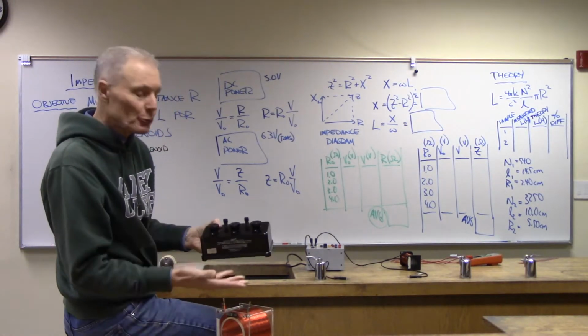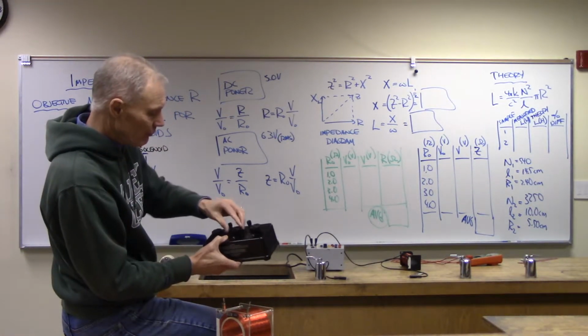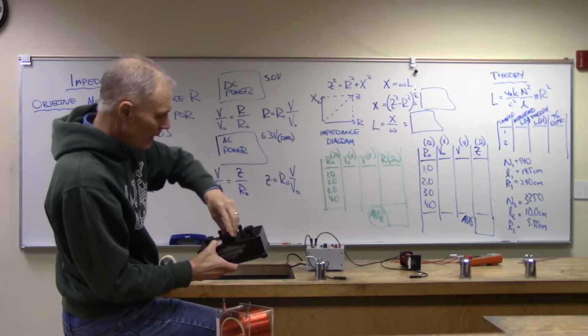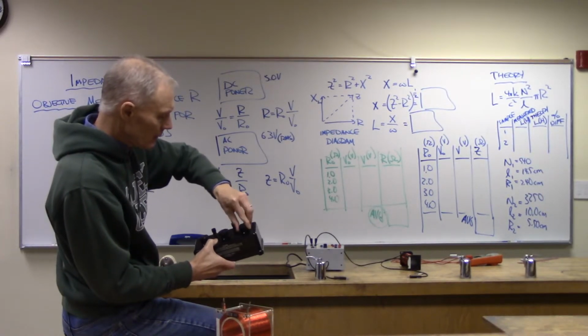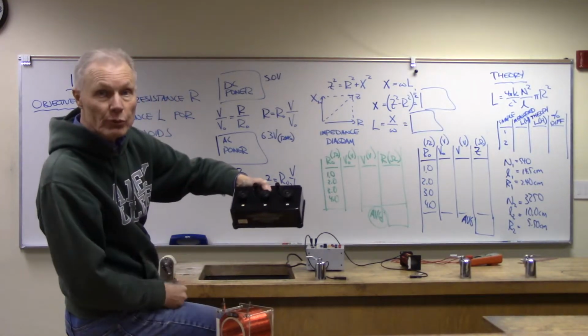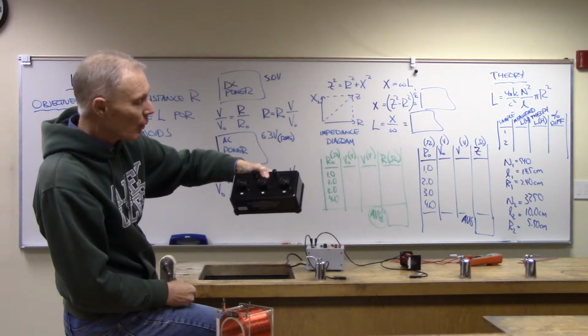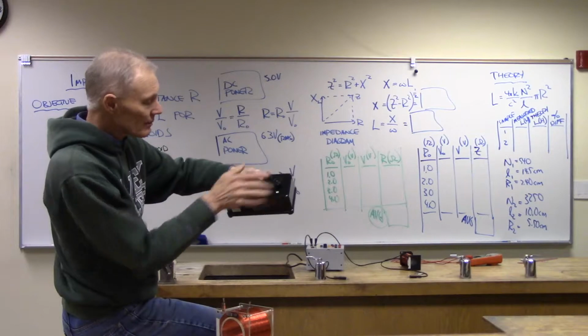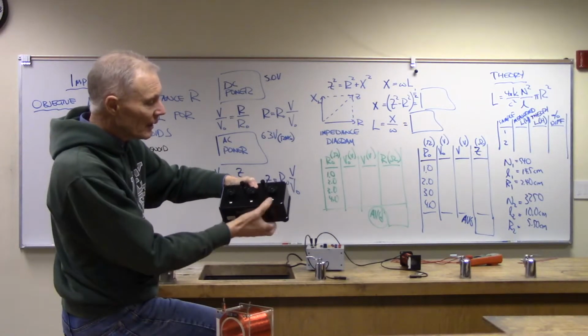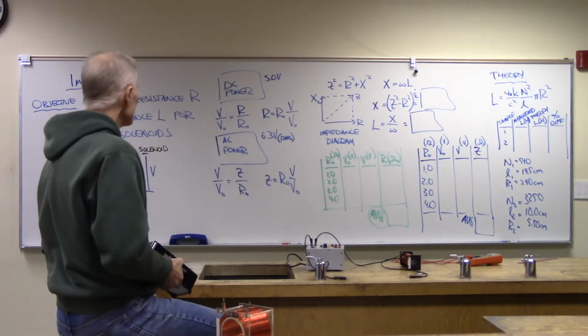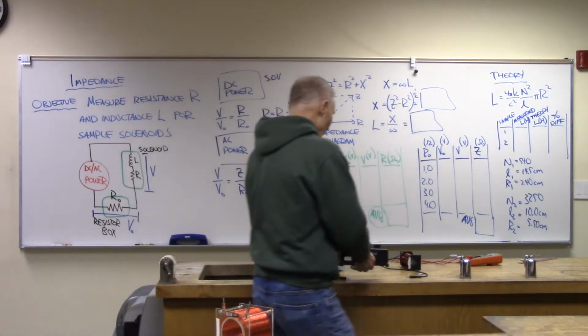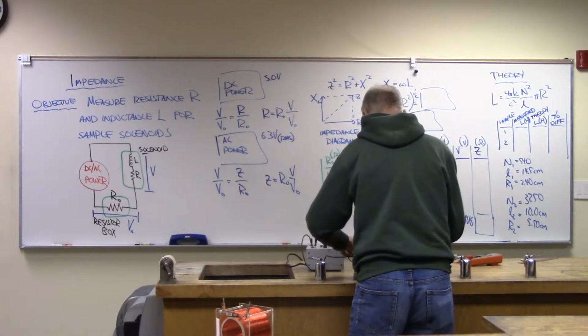So everything goes 1 through 9. I could dial in 575 ohms, however many ohms I want. There's a limit here: this device goes up to 1,000 and as low as 1. So I can just vary that however I want.